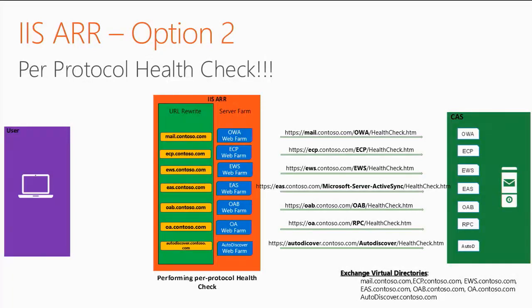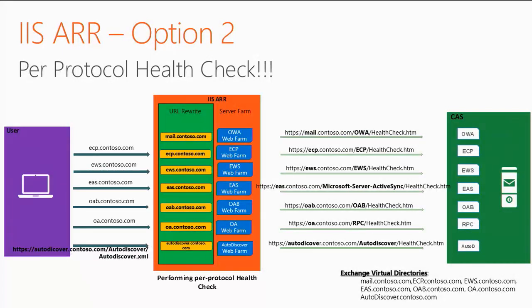But from the end user's perspective, the end user doesn't have to remember all these namespaces. The client, let's say Outlook, will get it using autodiscover. All the end user will do is launch Outlook, that's the autodiscover URL that will be performed, and all the rest of the namespaces will automatically come back. So the end user doesn't have to memorize, if I have to download OAB, do I have to go to oab.contoso.com?